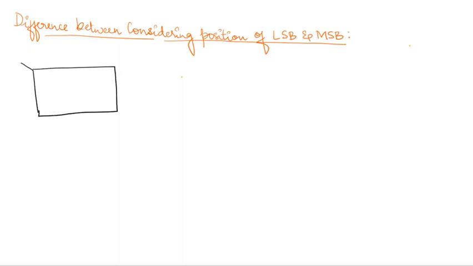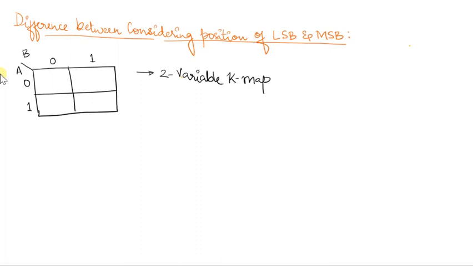So if you observe this particular Karnaugh map, you can see that A is the MSB and B is the LSB. So when I mark the decimal values into the Karnaugh map, I have considered 0 0 case, to be the leftmost, 1, 2 and 3 as shown.